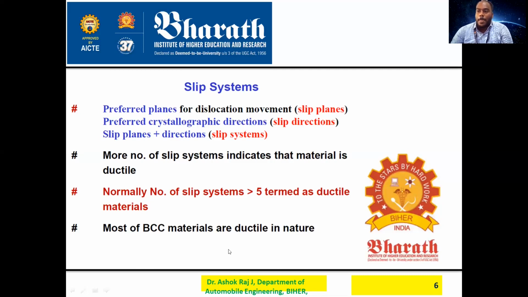So this is the reason that material goes for aerospace applications. And a greater number of slip systems indicates that the material is ductile. For example, FCC materials, most of them are ductile. They never fracture easily, they will elongate more. The ductile properties are more. A material with a number of slip systems of 5 or more is termed a ductile material. So most of the BCC materials are ductile in nature.